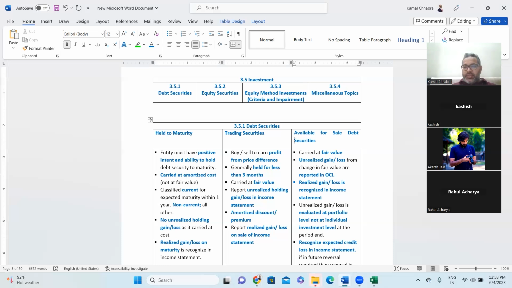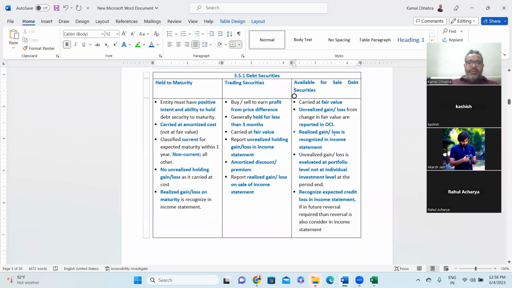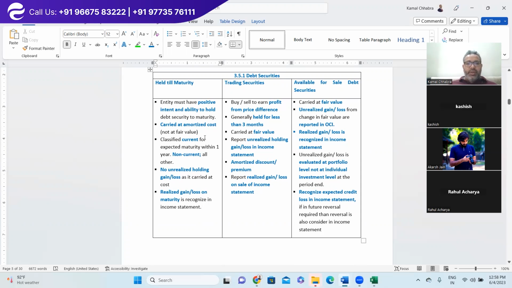Now let's keep this basic concept in mind and try to understand the theory. Held to maturity, or held till maturity: the entity must have positive intent and ability to hold the debt security to maturity. Here, 2 important things. One is intent, second is ability.